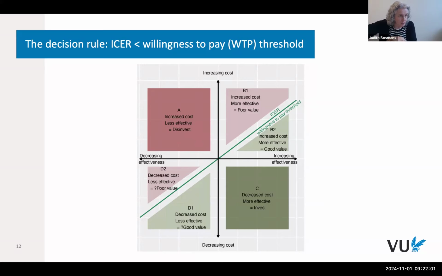Every ICER value that is below that green line, so the green parts of the plane, is considered cost effective. And if the probability that our ICER value is in the green parts of the plane is high enough, then we can say that our new intervention is cost effective compared to the standard of care. Everything that is in the red parts of the plane is considered not cost effective.